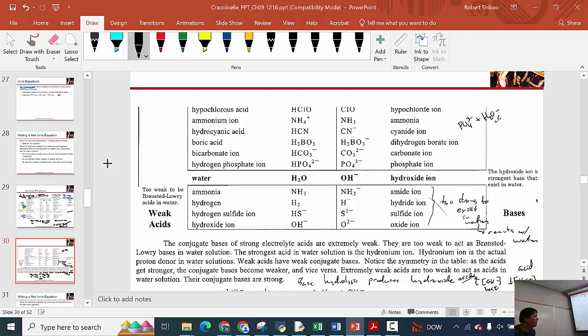When it reacts with water, it produces a little bit of hydrogen phosphate, monohydrogen phosphate, and hydroxide.